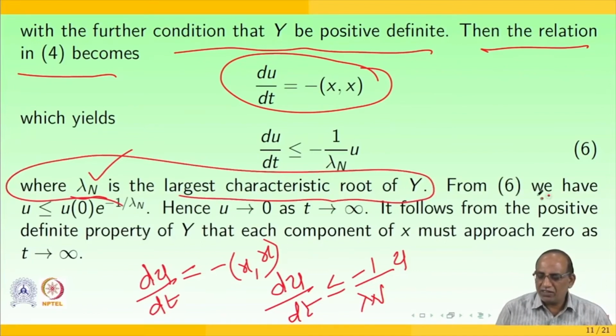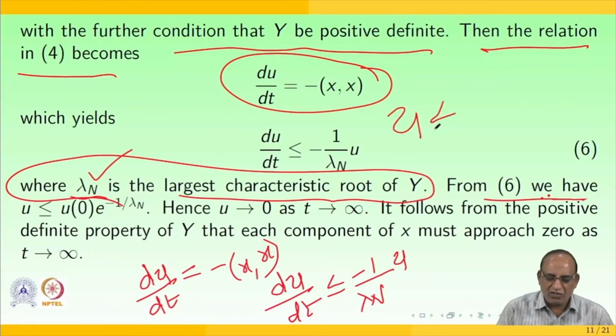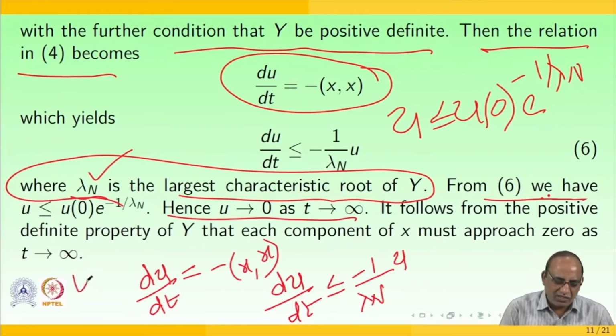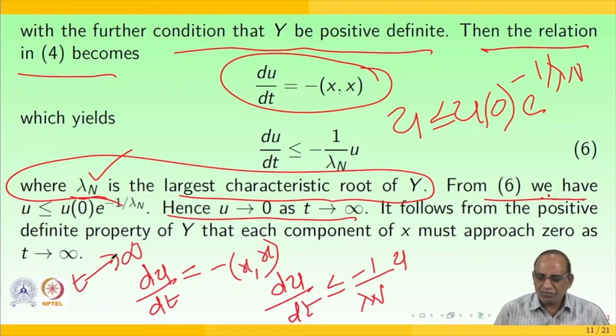From equation 6 we have u ≤ u(0) e^(-t/λn). Hence u tends to 0 as t tends to infinity.